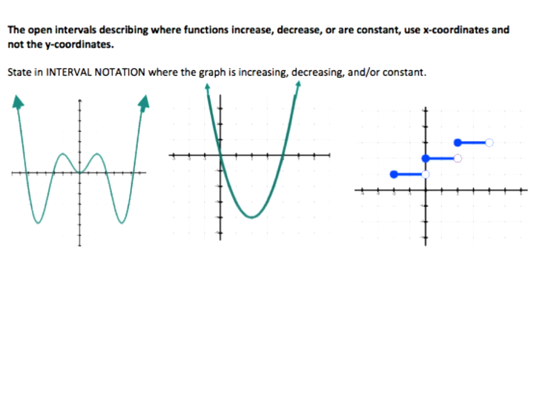So we have some graphs here, and we are asked to state increasing, decreasing, constant. And you can have, obviously in that first graph, multiple things happening in different intervals on the same graph. So here's how I set things up when I want to talk about increasing, decreasing, and constant.